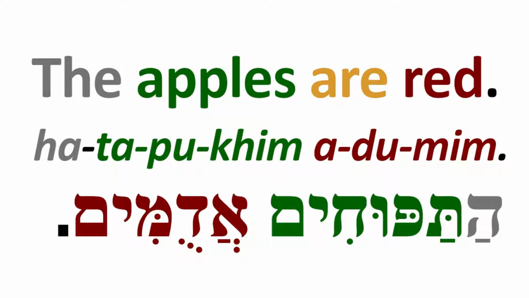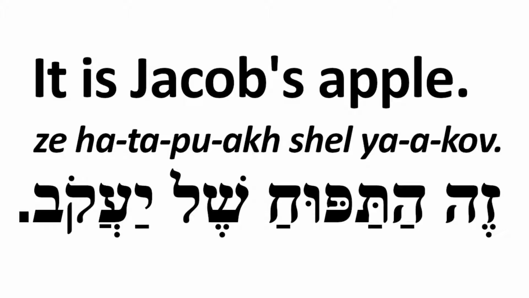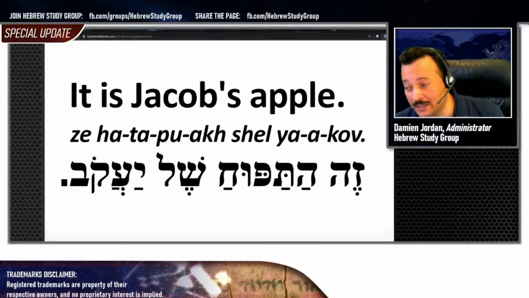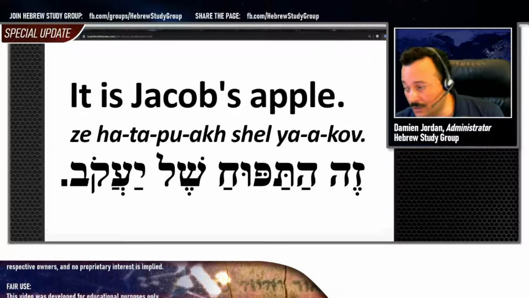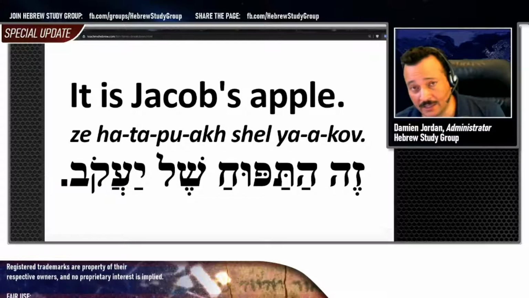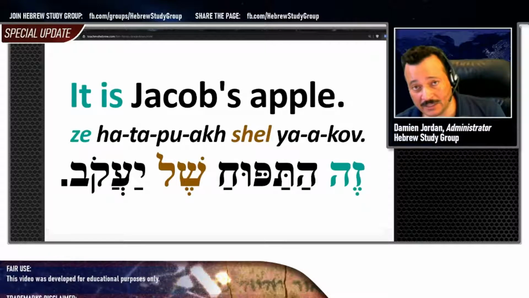Let's take it up a notch. In this next example, what we have is, it is Jacob's apple. Now, notice the transliteration. Ze ha tapuach shel Yaakov. Okay, we have the Hebrew over here. So, ze in Hebrew is the pronunciation for it.